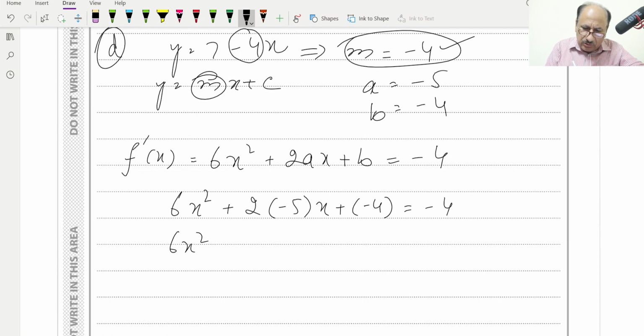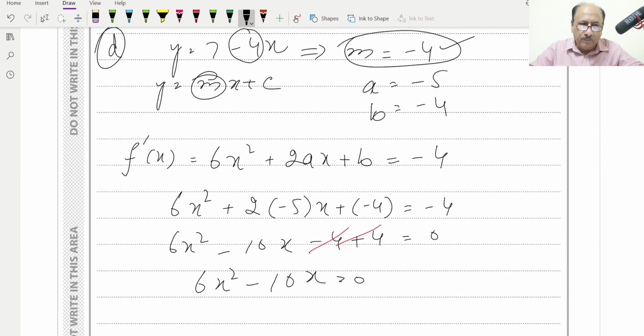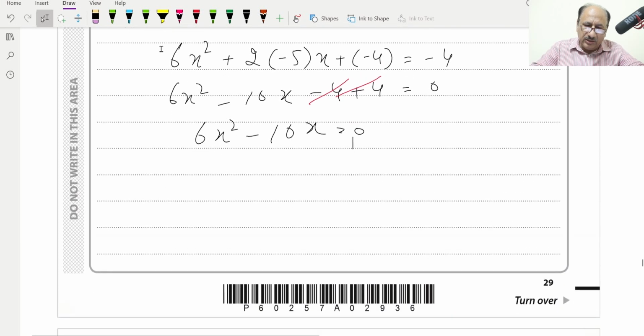So 6x squared minus 10x minus 4, and this 4 will be shifted to this side, which is plus 4 is equal to 0. After cancellation our equation will reduce to 6x squared minus 10x is equal to 0. Further we can take 2x common, and inside will be 3x minus 5 is equal to 0.